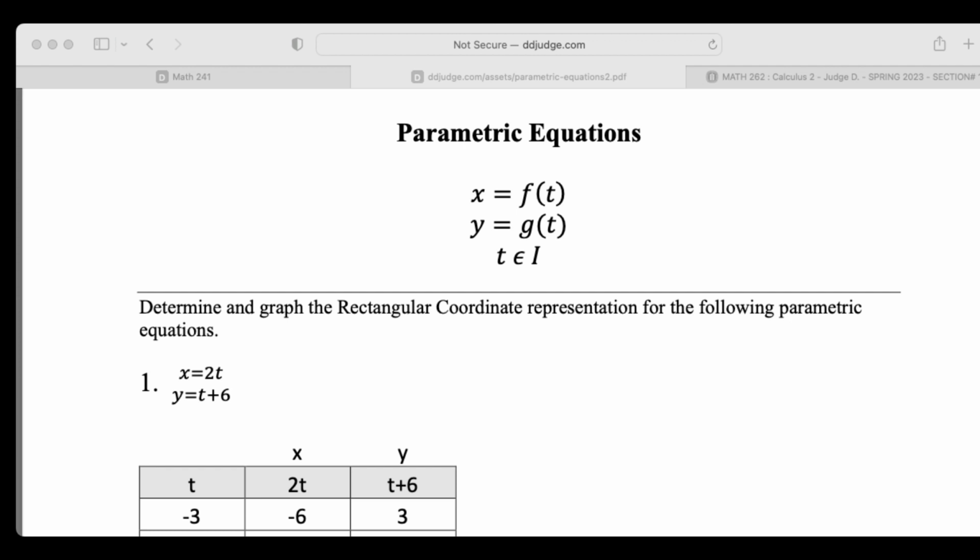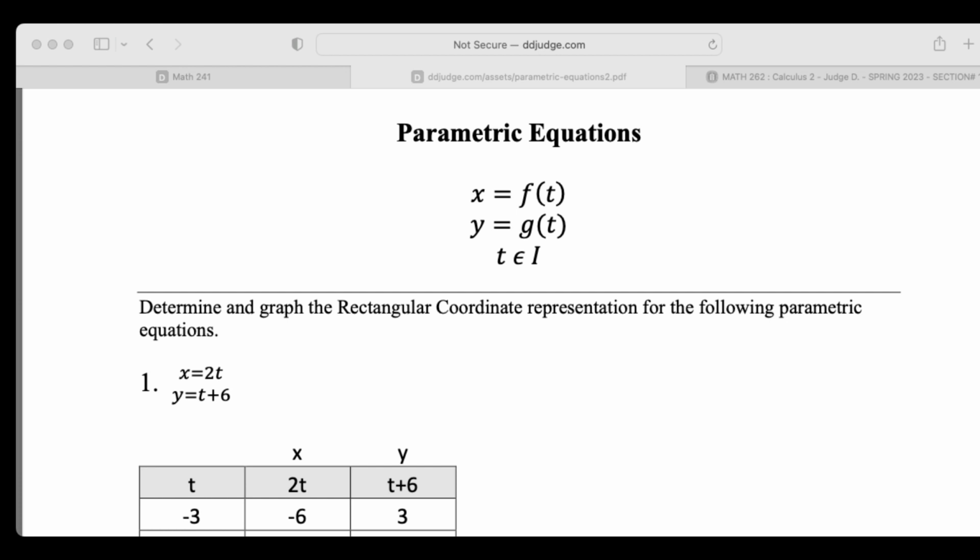So here's what I'm going to do for you guys. I'm going to introduce to you parametric equations. But I'm going to import this into where I need to import it. So let me find it. Okay, here's parametric equations. And I'm going to import that into Notability.